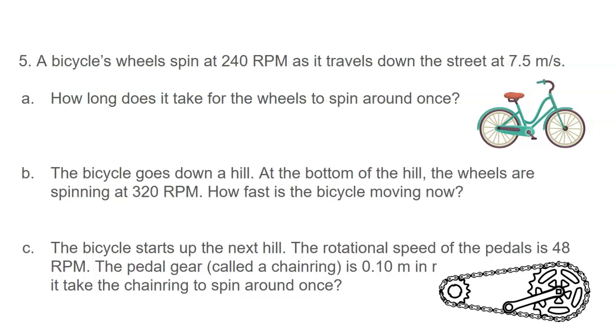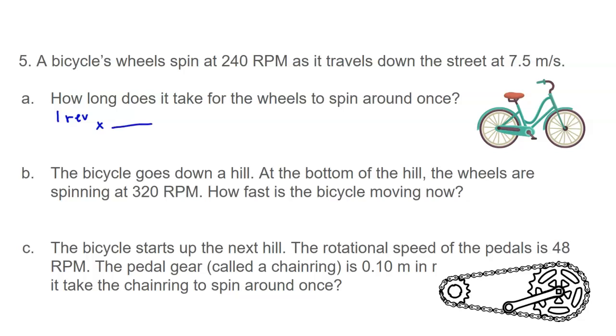All right, question 5 has multiple parts to it. A bicycle's wheels spin at 240 RPM as it travels down the street at 7.5 meters per second. How long does it take for the wheel to spin around once? All right, so we're looking for the time for one revolution.